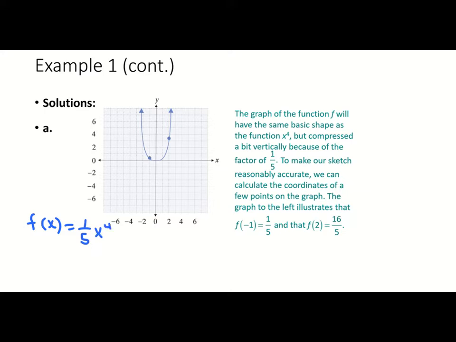It opens up because this is a positive a value. And they sketched it out. Again, I would expect you guys to sketch it on a calculator, not necessarily graph it. They might ask you to find an ordered pair or two, which is plugging in a value for x to find the y value. Remember, f of x is the same as y, and then plot those ordered pairs.